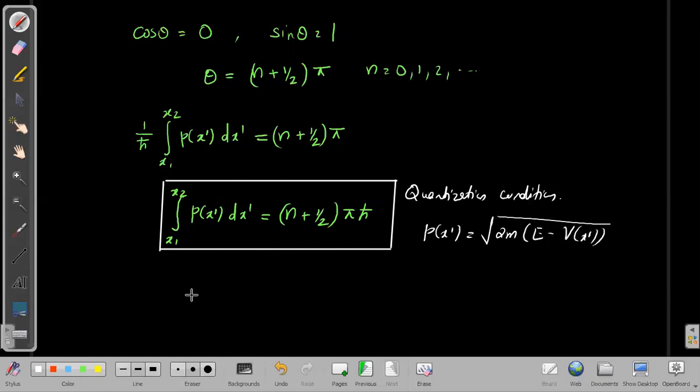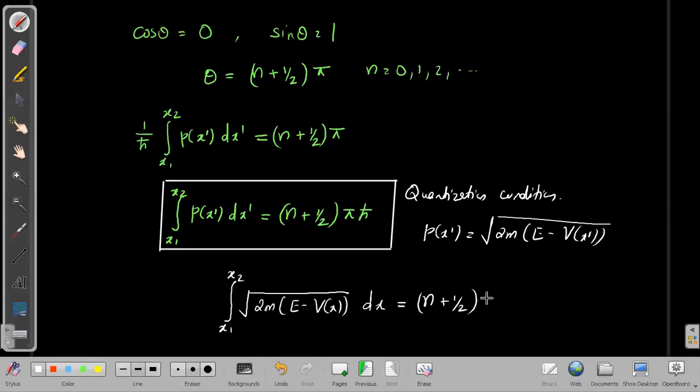Therefore the quantization condition can be rewritten as the integral from x1 to x2 of square root of 2m (E minus V of x) dx equal to (n plus half) into pi h cross.